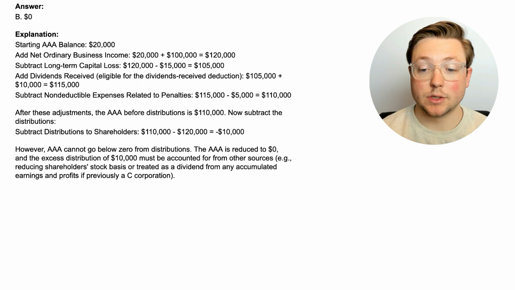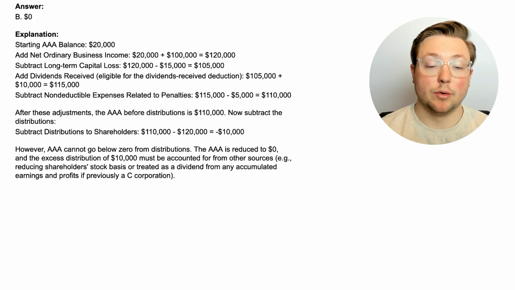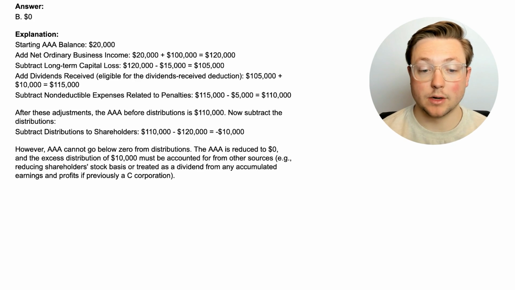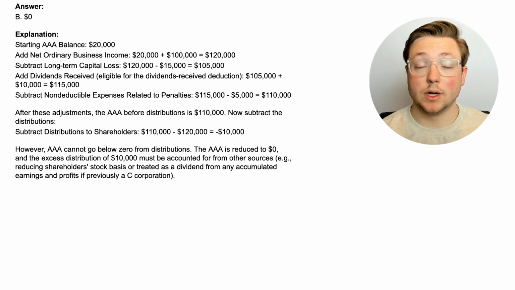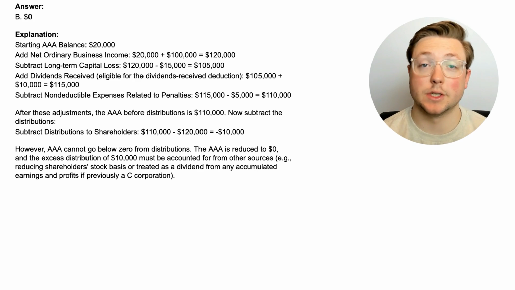The AAA is reduced to $0, and the excess distribution of $10,000 must be accounted for from other resources, such as reducing shareholders' stock basis or treating it as a dividend from unaccumulated earnings and profits if it was previously a C corporation. Now, we're not going to be going over those things in this video. Just know that distributions to shareholders cannot reduce AAA below 0. It can go below 0 from an ordinary loss, but it cannot be reduced below 0 from distributions to shareholders.